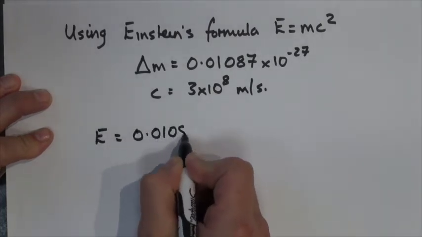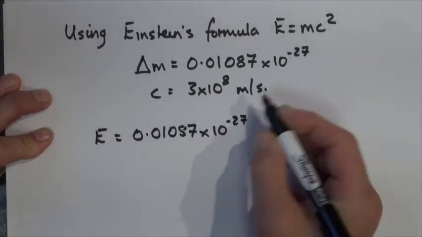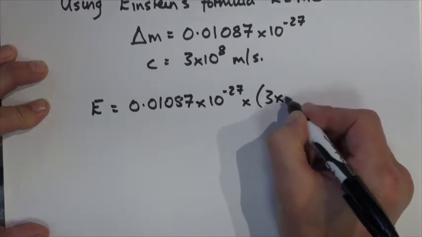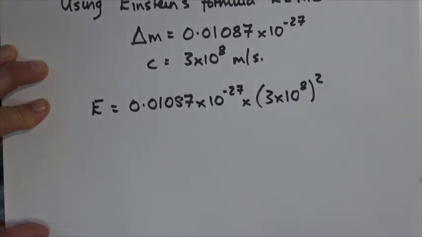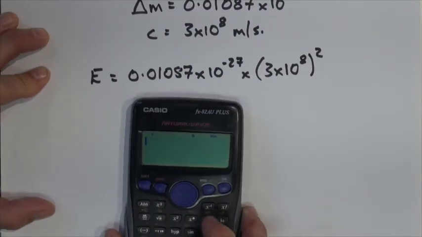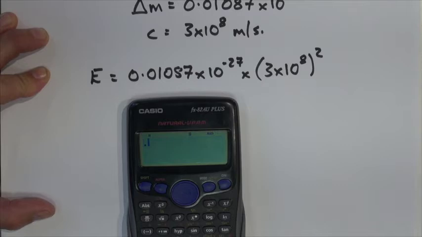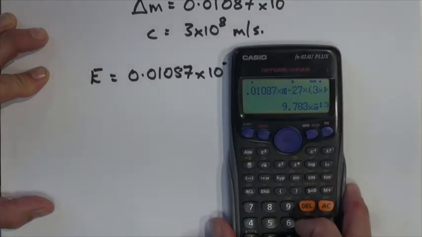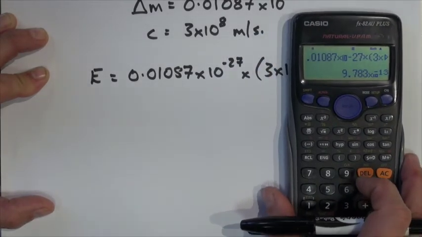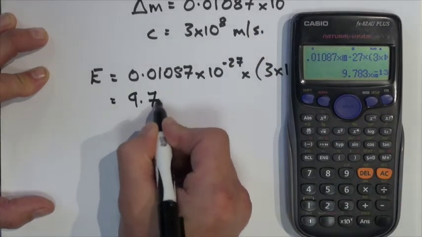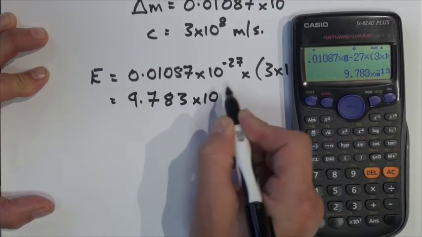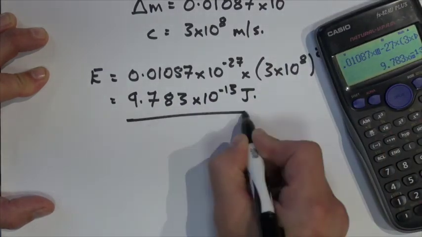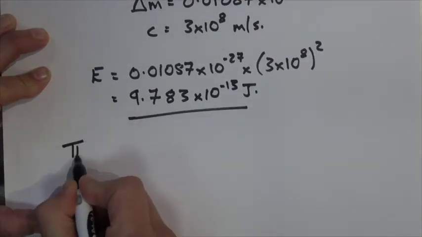I substitute this into the equation, and remember you've got to square it. I put in the mass defect, 0.01087 times 10 to the negative 27, multiply that by the speed of light squared, and that gives me 9.783 times 10 to the negative 13, and that's joules of energy. So that's the energy which comes off due to the mass defect.